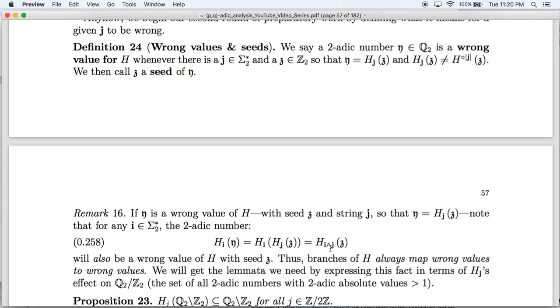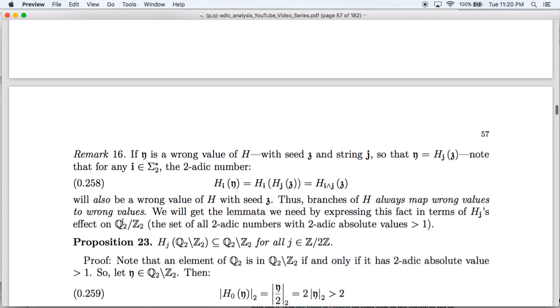The lemmata that we will need to express this fact analytically come in terms of describing how H bold J affects non-integer 2-adic numbers. This is Q2 take away Z2, instead of all 2-adic numbers with a 2-adic absolute value strictly greater than 1.